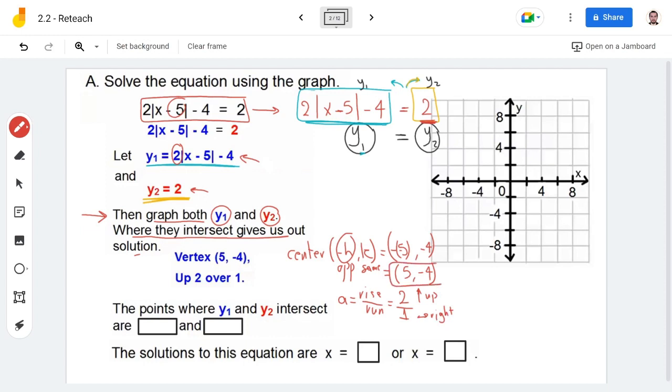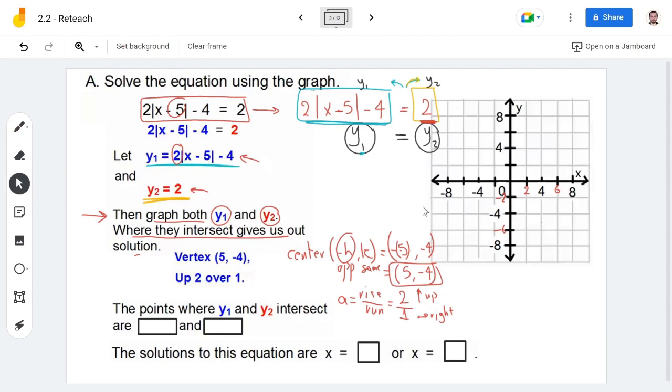My center is 5 and negative 4, so 5 is here and negative 4 should be somewhere here. Don't forget this graph represents two steps for each: negative 2, negative 4, negative 6, same thing here, 2, 4, 6. Each unit of the graph represents two steps.